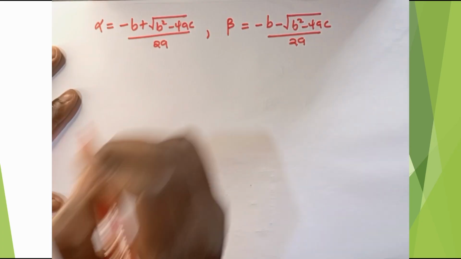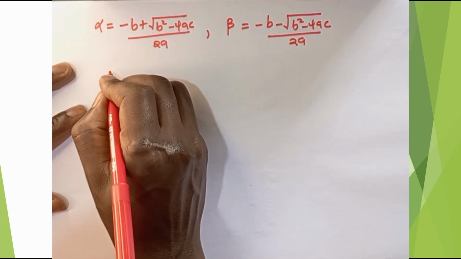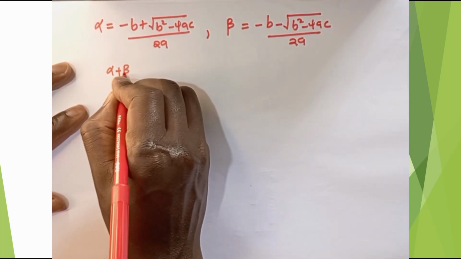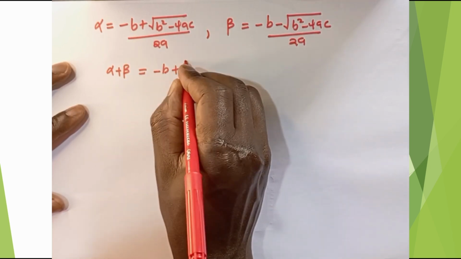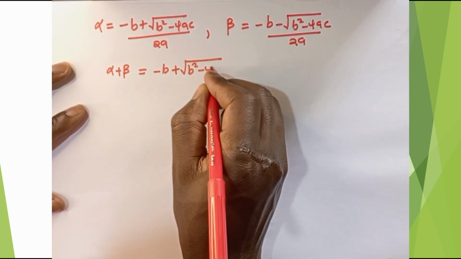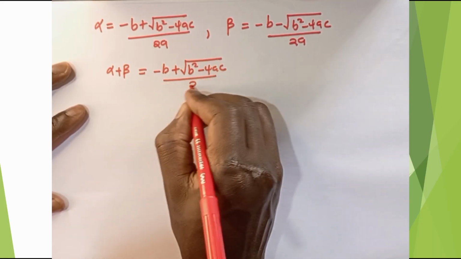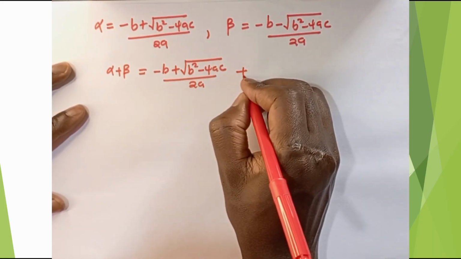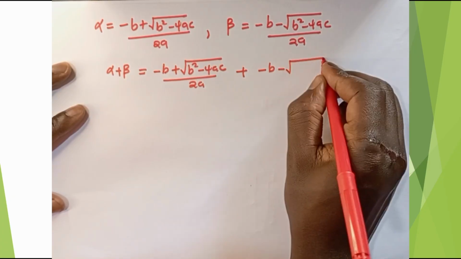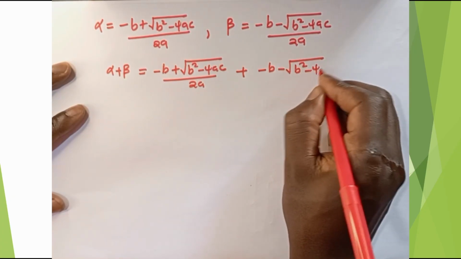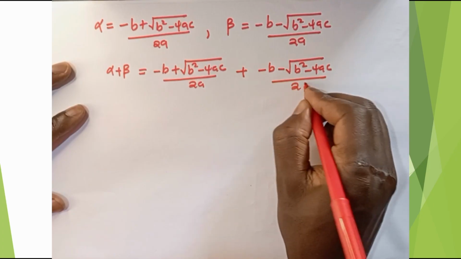If we add them, alpha plus beta is negative b plus the square root of b squared minus 4ac out of 2a, added to negative b minus the square root of b squared minus 4ac out of 2a.